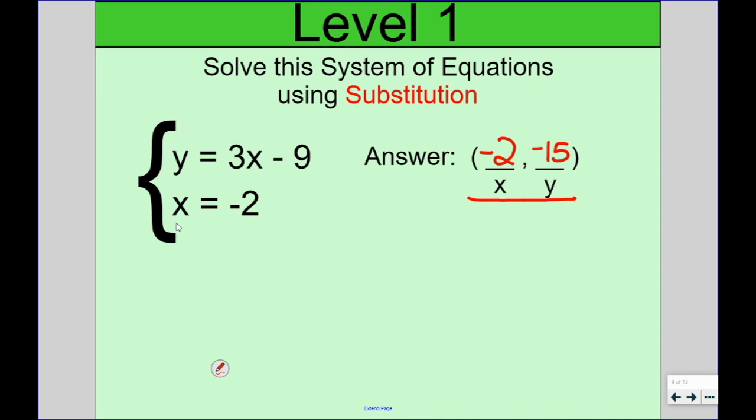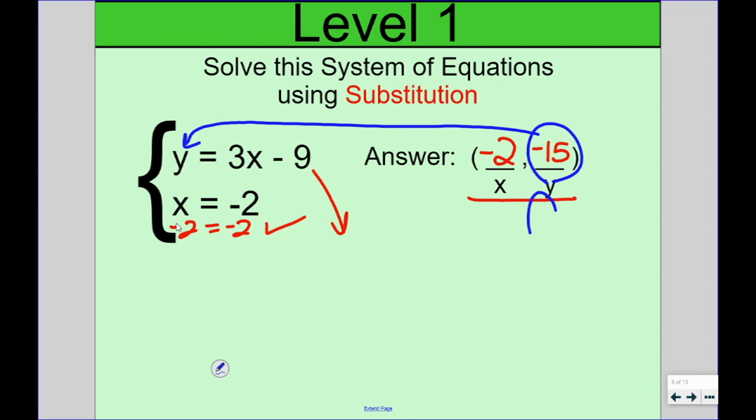We're going to plug these into both of these equations. Well, let's start with the basic one here. X equals -2. If I say x equals -2, does -2 equal -2? Yes, that one checks. So let's look at this top equation. Our y is -15, so I'm going to plug that into the y. So -15, is that equal to 3 times, oh, here's our x.